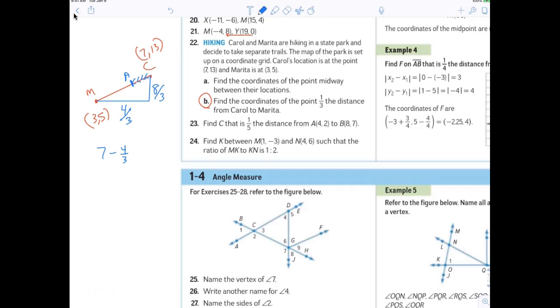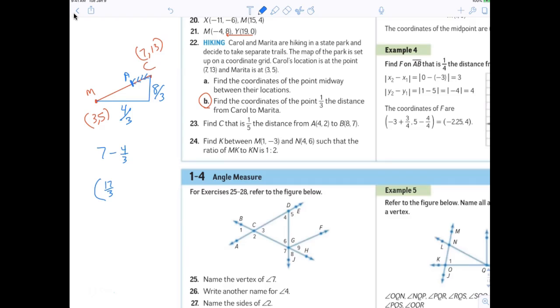Do I agree with that? So the X coordinate would be what? Okay. 7 minus 4/3. What is 7 minus 4/3? 17 over 3. Do we agree with that?